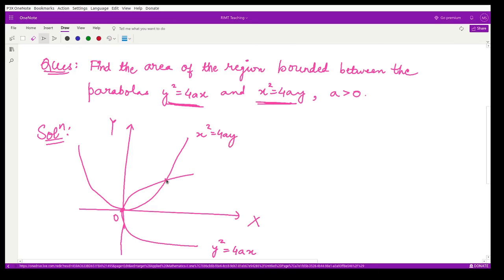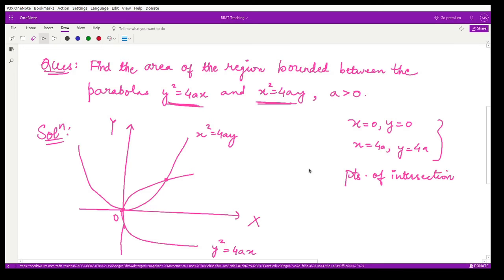Now you have to find the point of intersection. So you have to solve these two equations. When you solve these two equations, you obtain 2 points. One point is x is equal to 0 and y is equal to 0, and the other point is x is equal to 4a and y is equal to 4a. So these are your points of intersection.